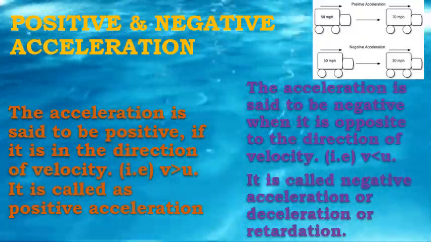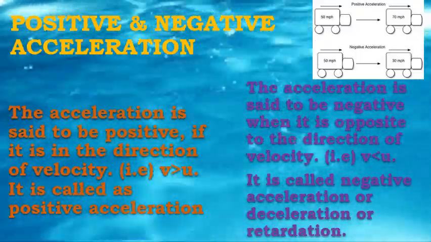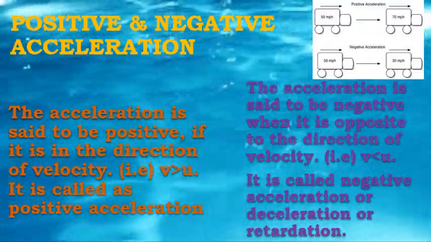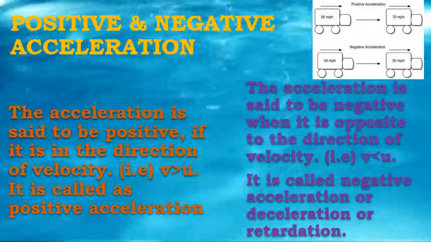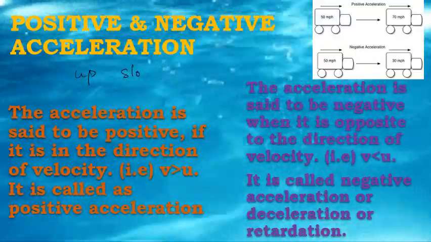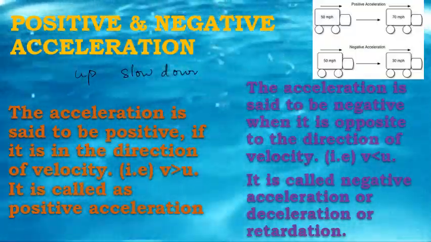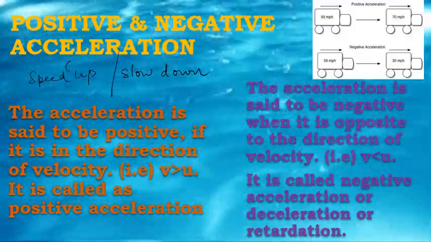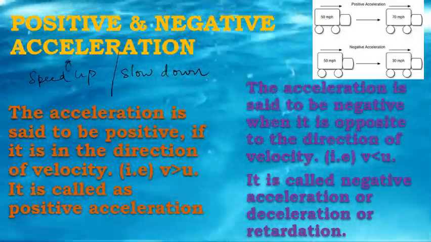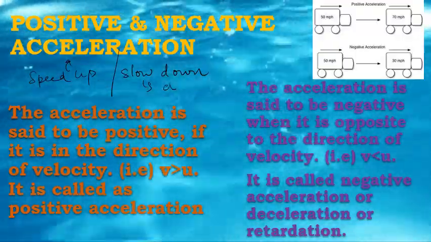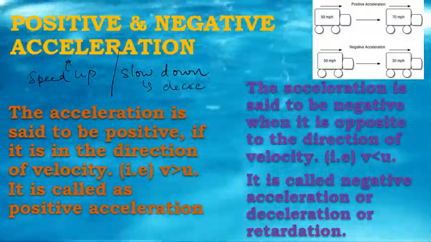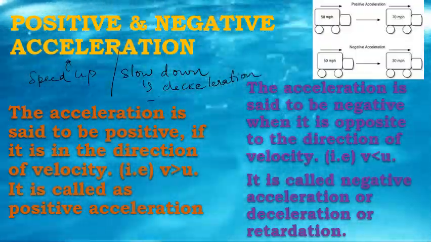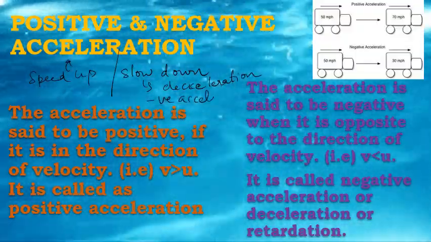Next we are learning about positive and negative acceleration, because acceleration in all cases does not necessarily mean speeding up. You can either speed up or slow down. If you speed up, it is acceleration. If you slow down, you call it deceleration, or negative acceleration.